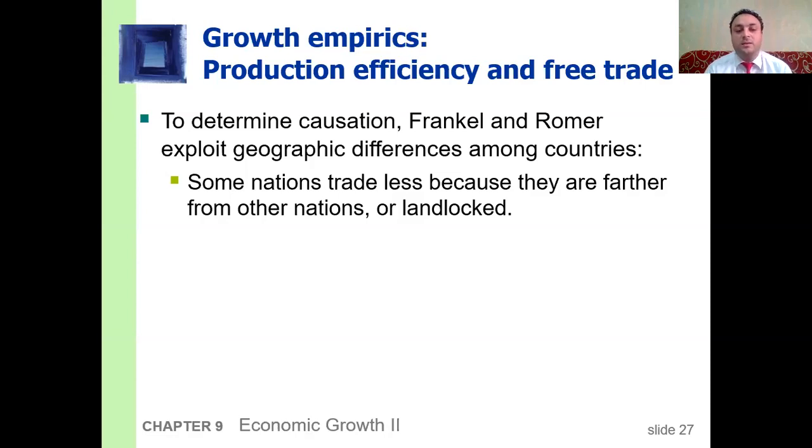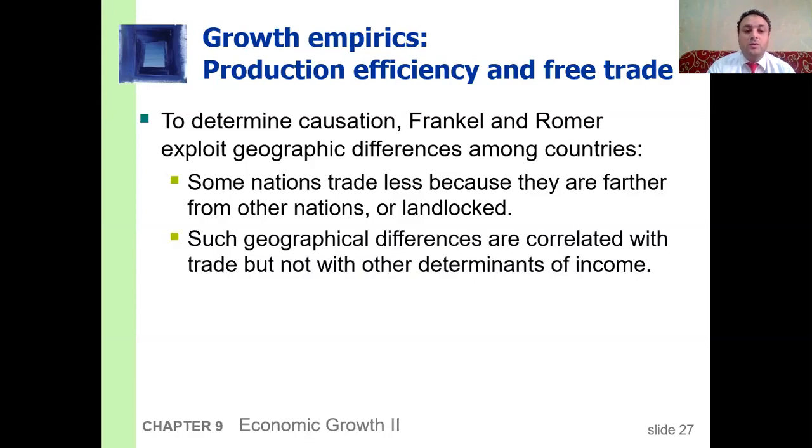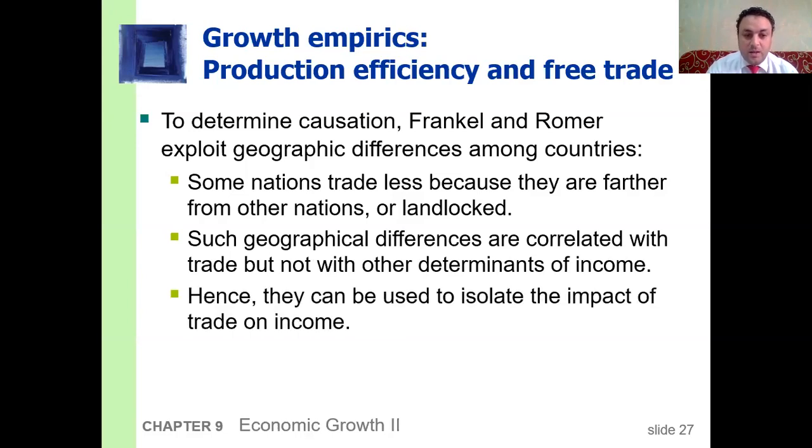Or some countries may be landlocked, like Uzbekistan, for example. There are no seas or oceans or any ports. Also, such geographical differences are correlated with trade, but not with other determinants of income. Hence, they can be used to isolate the impact of trade on income.